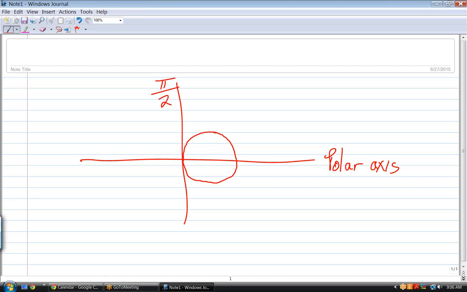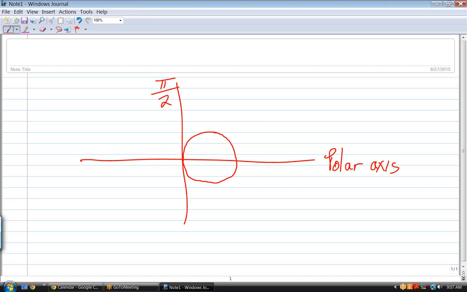I guess you could revolve it about all kinds of thetas. I mean, you shouldn't be limited to those two. But the polar axis, I guess, is theta equals 0. In other words, similarly to being able to revolve stuff around the x-axis and the y-axis.